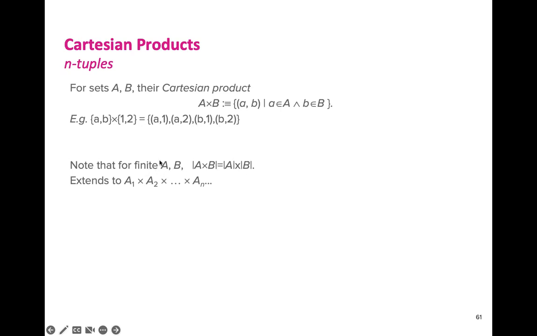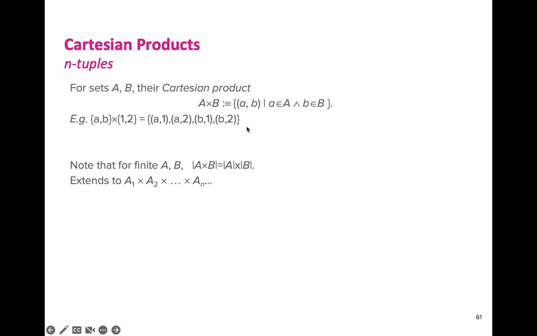If we have finite sets A and B, the cardinality of the Cartesian product of A and B would be the cardinality of A times the cardinality of B. In this case, the cardinality of A is 2, and the cardinality of B is also 2. So that will give us 2 times 2, and so the cardinality of this Cartesian product is 4.